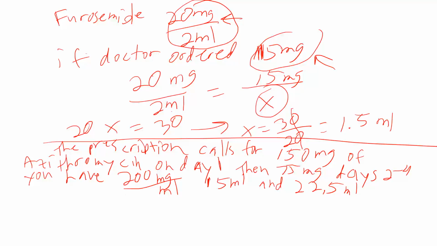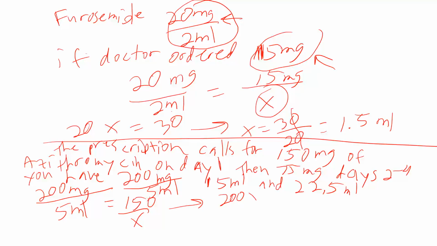Well, first, we know that we have 200 milligrams. I'm sorry, it's usually 200 milligrams per 5 mils. So 200 milligrams per 5 mils equals 150 over x. If you cross multiply, you have 200x equals 150 times 5.